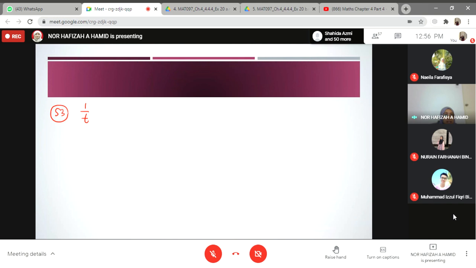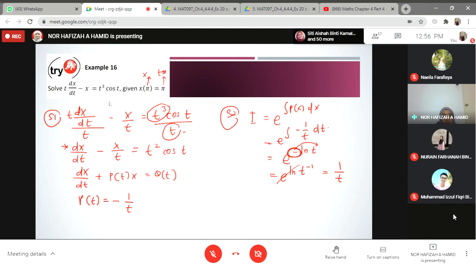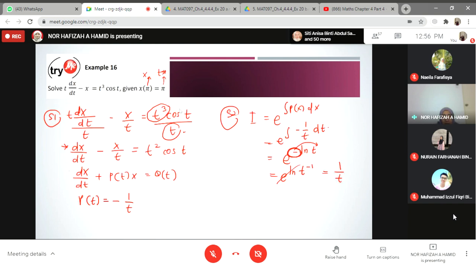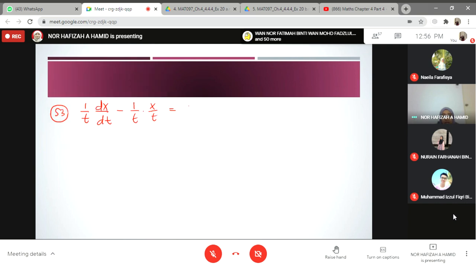So 1 over t and dx over dt. Lepas tu you ada minus x over t. So minus 1 over t times x over t. Lepas tu equal to 1 over t times t square, multiply dengan ini, so 1 over t times kan dengan cos t. T square cos t.